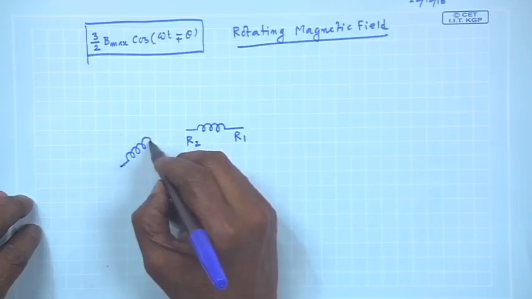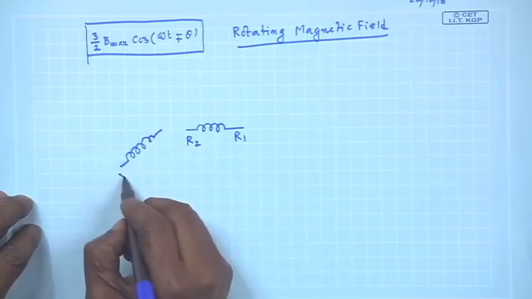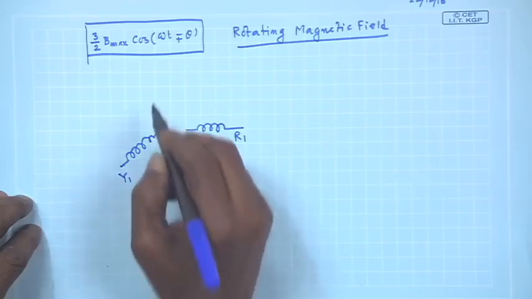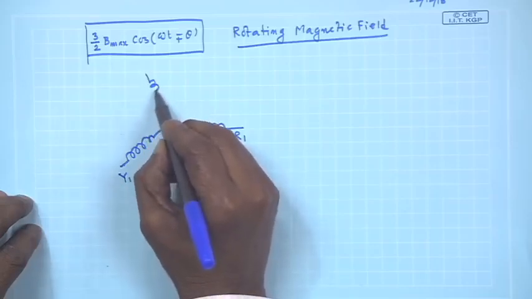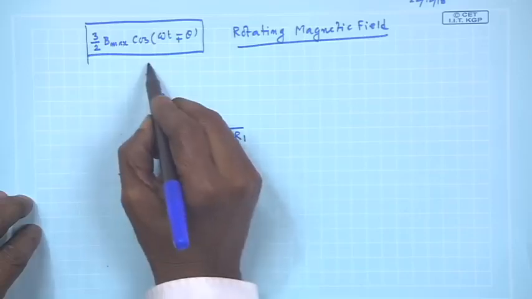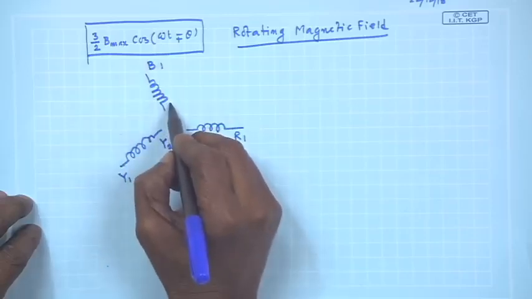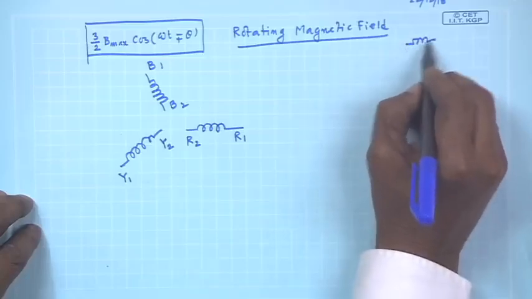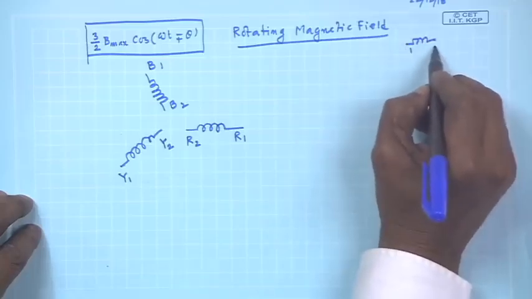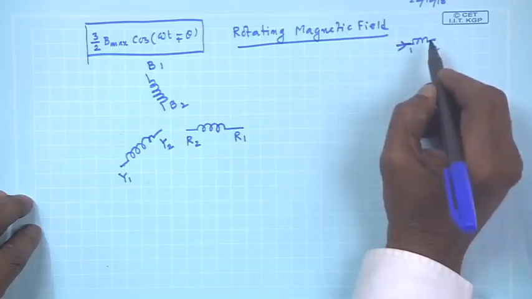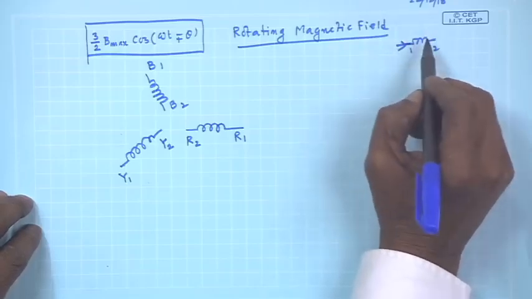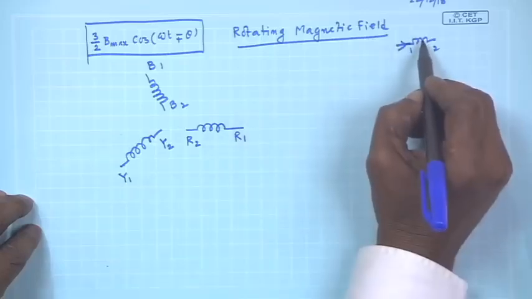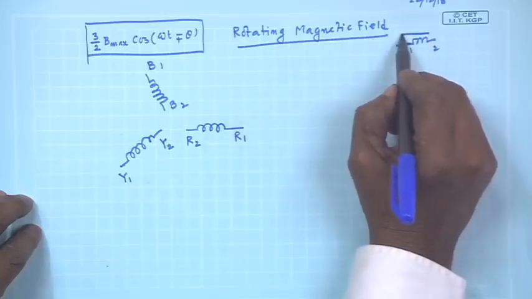and this is your Y phase winding, Y 1, Y 2, and this is your B phase winding. I will assume that for the terminal marked 1 and 2, if current enters through 1, it will produce a field along this direction.